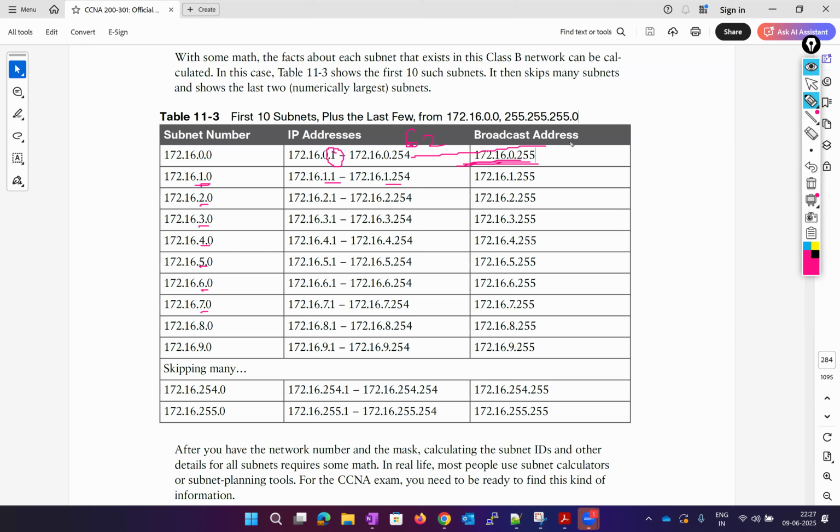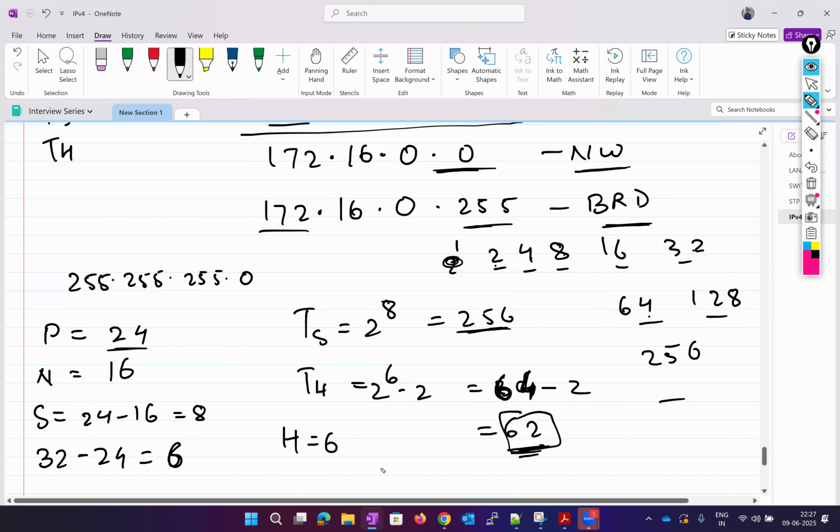After 62, from 63 up till 254, these are also addresses, but he has omitted them in this diagram to make things simpler. Okay, sir. So you will have 256 such subnets, and in each of these subnets you will have 62 usable hosts. This is what it means.